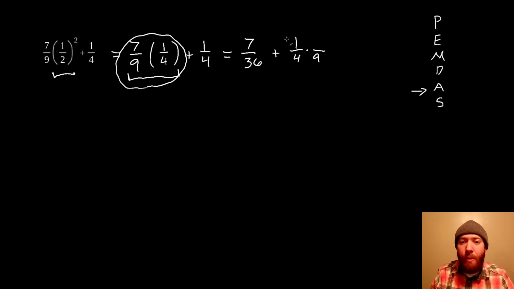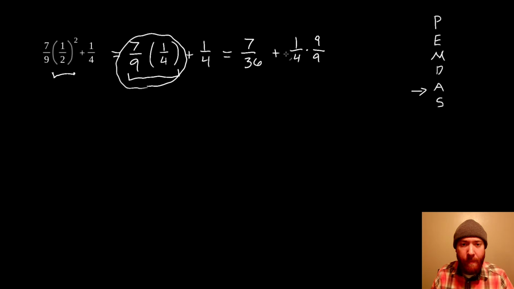Now, we have to multiply this fraction by 1 because we can't change the value of this number 1/4, or it won't be equal to what we started with. So to multiply by 1 with a 9 in the denominator, we can do that by multiplying by 9 divided by 9, right? Because 9 over 9 is 1. So this really says 1/4 times 1. So this is going to be equal to what we started with.